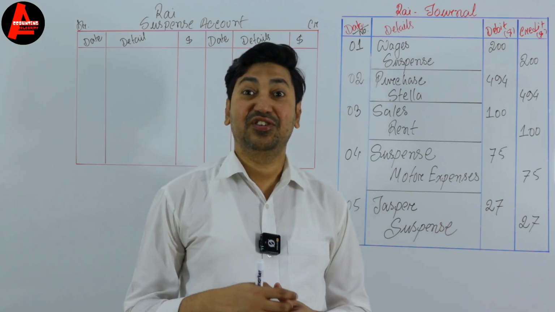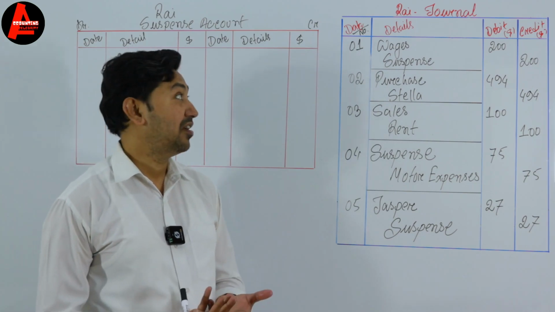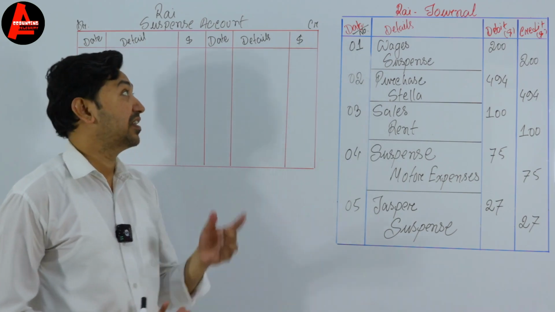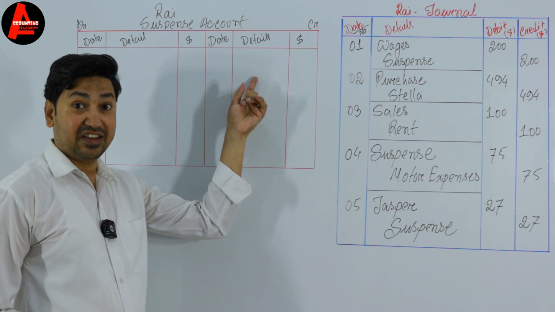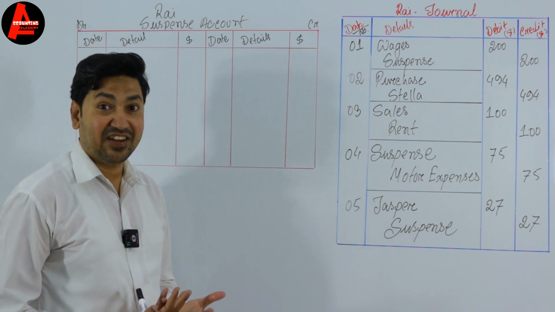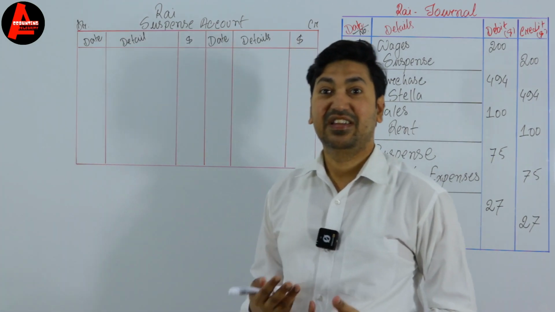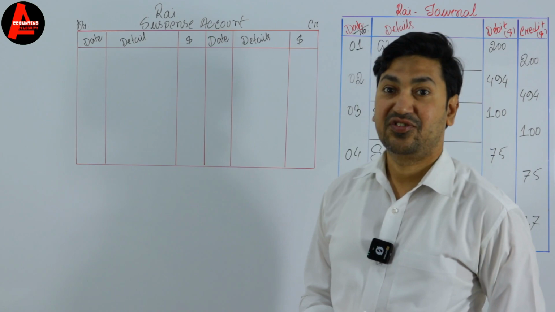Many of you will write the opening balance, meaning the difference of the trial balance, on the credit side. If you write this, you will be incorrect. You need to write this balance on the debit side. So let us write.